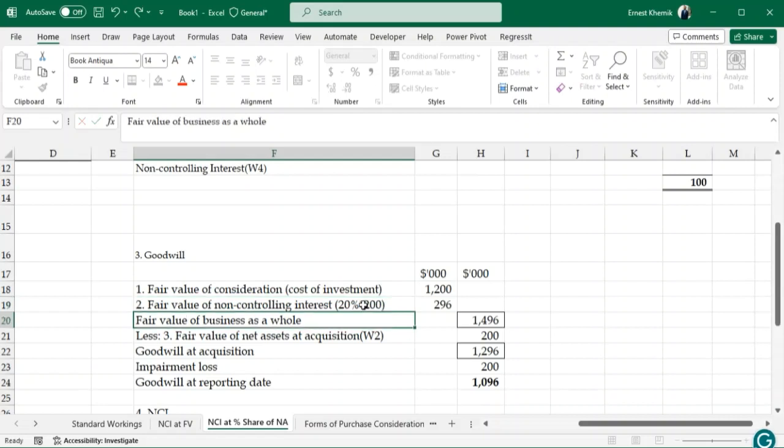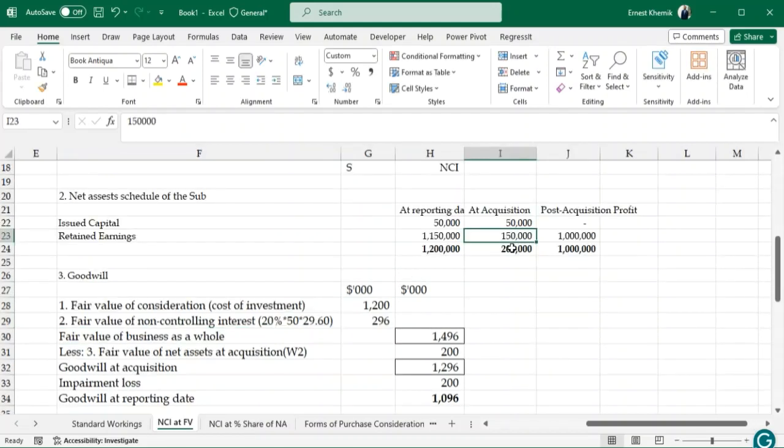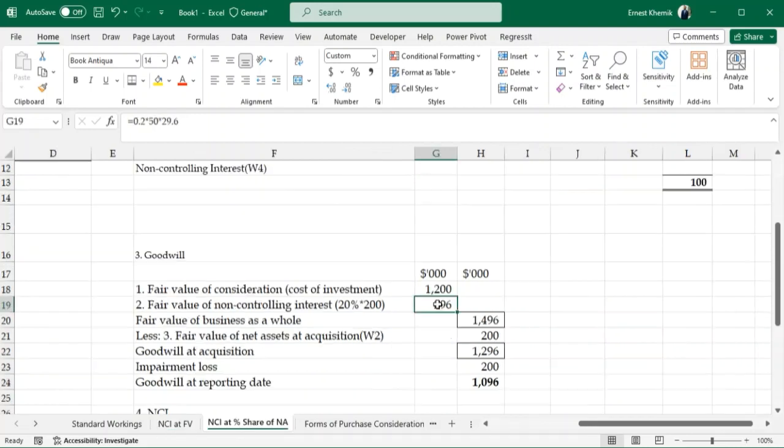So I'll write my 200 here. Let's go and check that out. So as you can see, this is 200. So this is the value of the subsidiary at acquisition date, 200. All right. Then we are going to use that against our figure here.